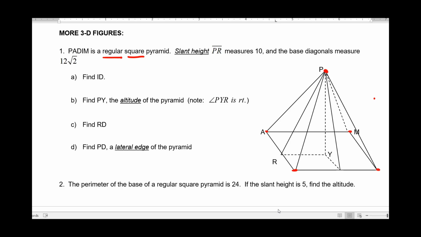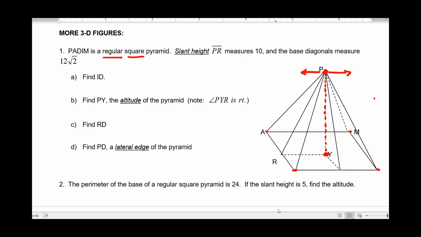And that particular vertex is going to be right in the center of this height here. So in other words, it's not going to be shifted over this way or that way. It's going to be literally right over the center of this square that serves as our base for the pyramid.